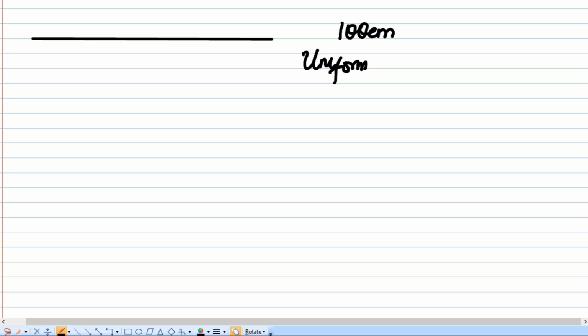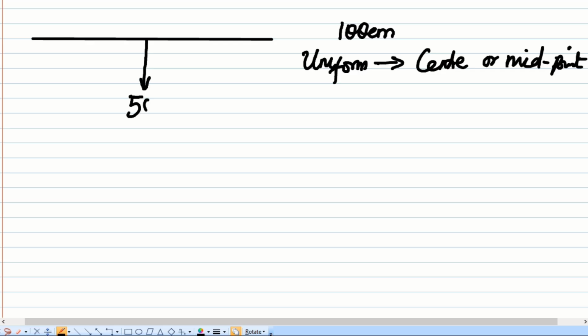If it is a uniform rod, the center of gravity is at the midpoint. So if this is a meter rule of 100 centimeter length, the weight of the ruler, which is equal to mg, is going to be acting at the 50 cm mark.